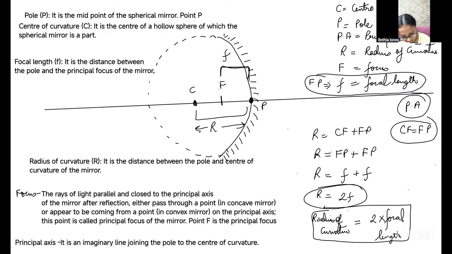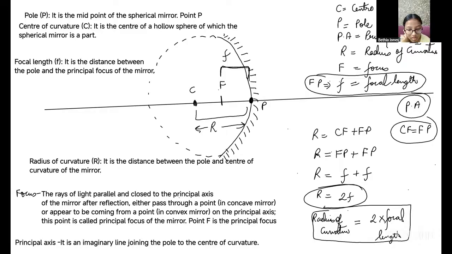The imaginary circle, a reflecting surface, forms a sphere. The center of the sphere is called the center of curvature.